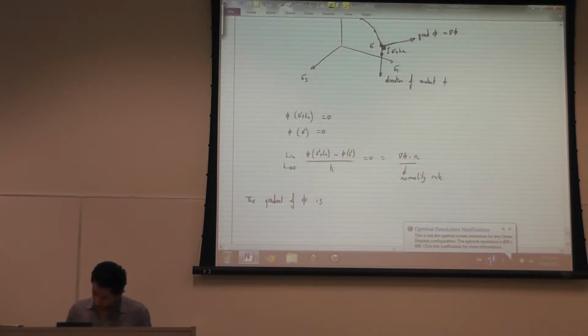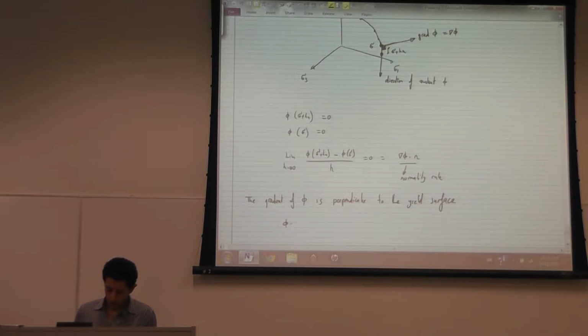So the gradient of phi is perpendicular to the yield surface. We know that phi is a function of the stress and gives me a number.